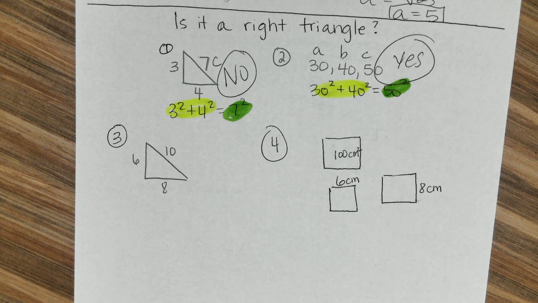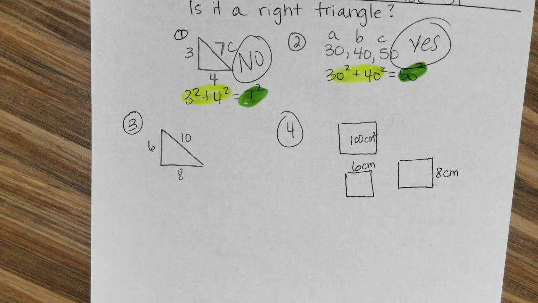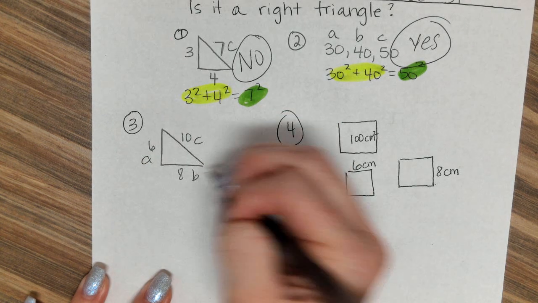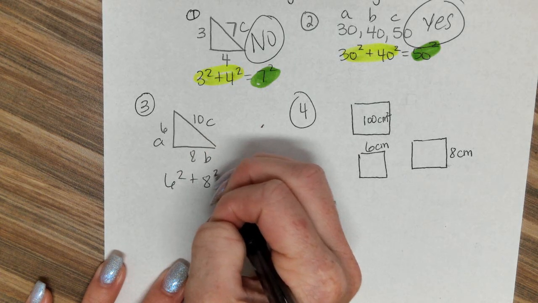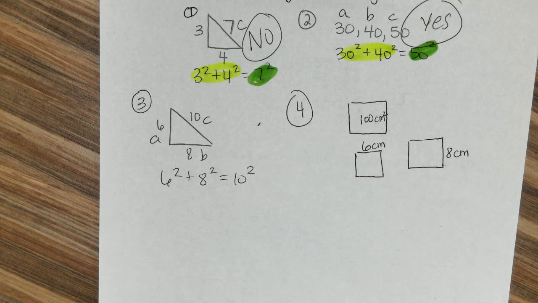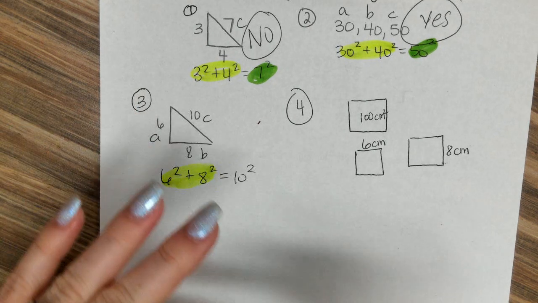All right, let's do example 3. Based off of this right triangle, which one would have to be side C? 10. So I'll say that's A and B. So I would say, is 6 squared plus 8 squared equal to 10 squared? I'm going to type in the left side, hit enter.